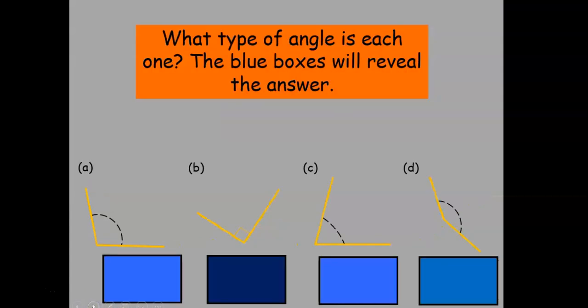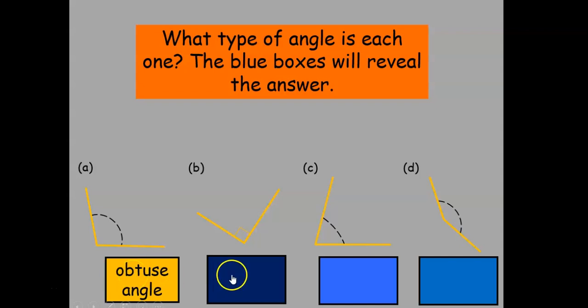I have some more angles now for you to have a look at. This time I'm going to whiz through them. 3, 2, 1, that's an obtuse angle, greater than 90 degrees but less than 180 degrees. So this angle here, are you ready? 3, 2, 1, right angle. That's right.